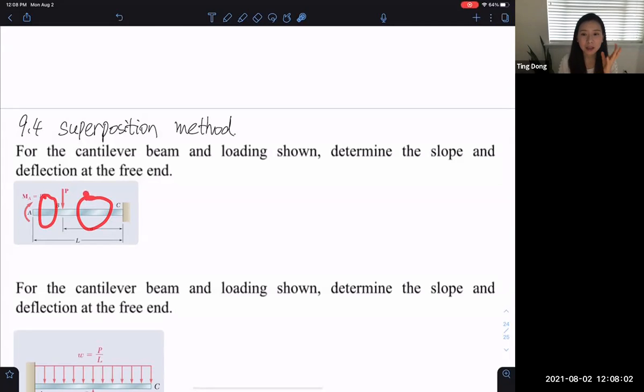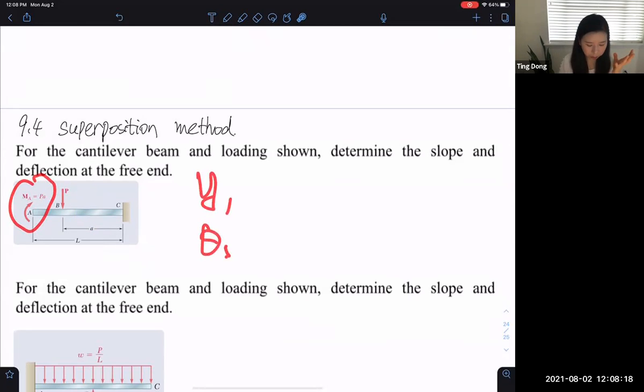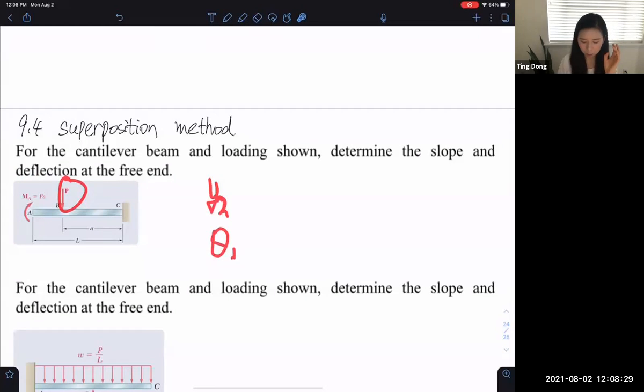And a simpler method is that we consider them separately. We calculate the deflection if only the bending moment is applied, let's say y1, theta1. And then you imagine that only the force P is applied: what is y2, theta2?